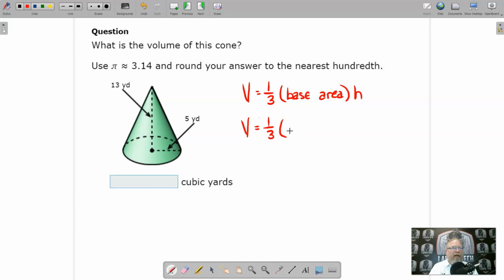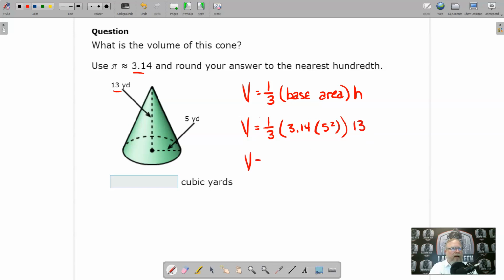The base area is going to be pi r squared. For pi, we're going to use 3.14. And we're going to multiply that times the radius, which is 5, and we're going to square that. So there's the base area, pi r squared. And then we have the height. In this case, the height is 13. So that's where I get all my values from.